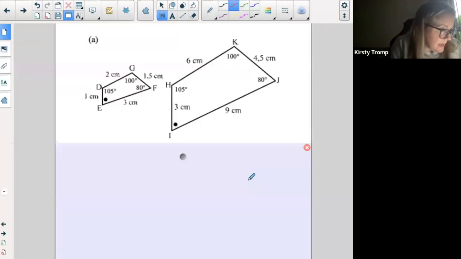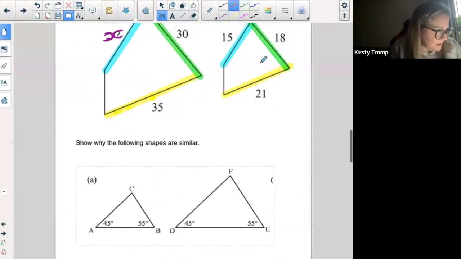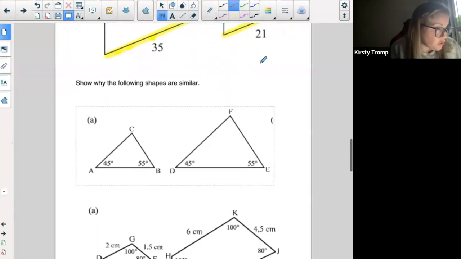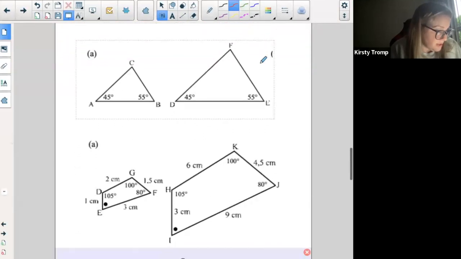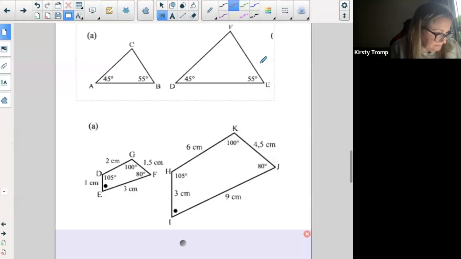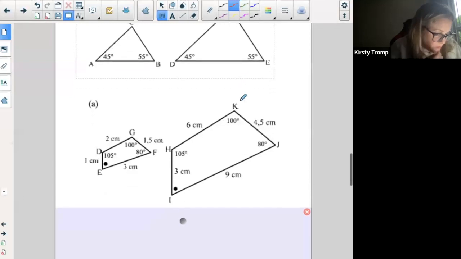What is the question asking us, guys? I'm assuming it's wanting us to find this missing side here. Let's see: show why the following shapes are similar. I'm thinking that's what it wants us to do.